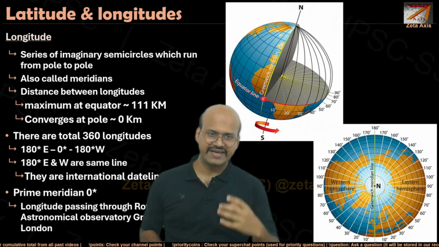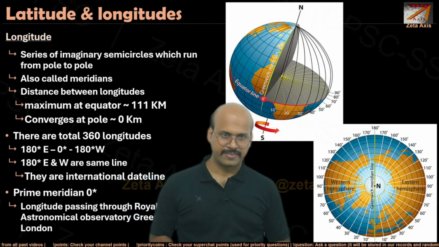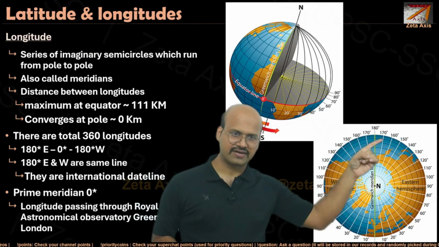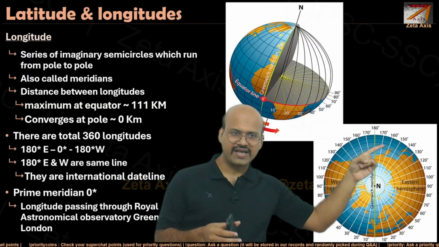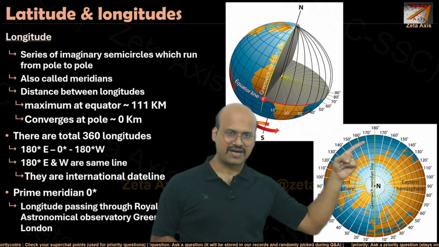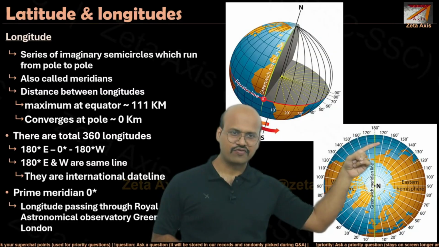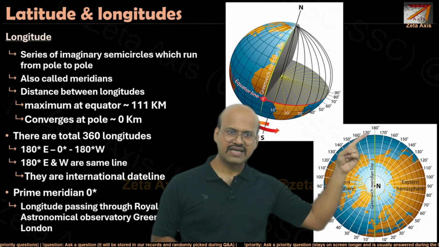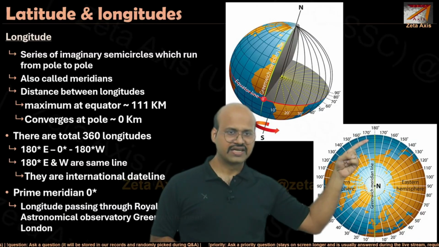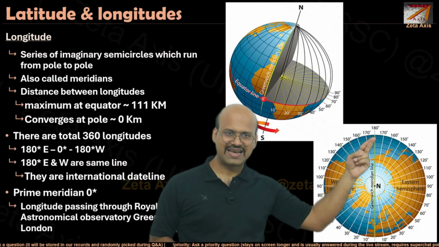So basically the date changes over here. If you are in this part, then you will be 1 day ahead of this part. So here, if it is the 4th of January, then this region will have the 3rd of January. This will be lagging 1 day behind.